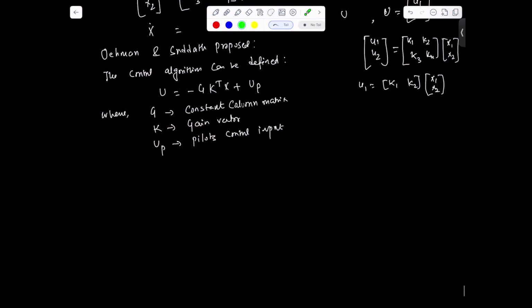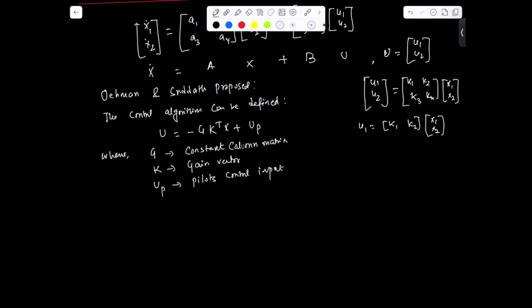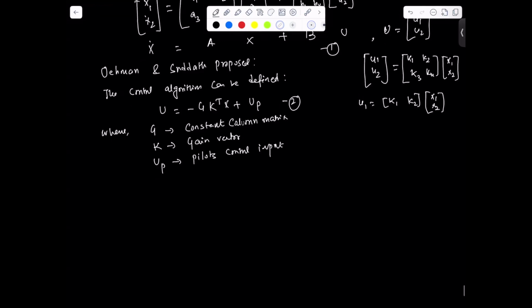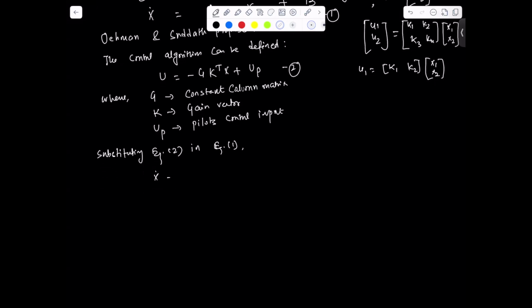Let me define this as equation 1 and this as equation 2. Substituting equation 2 in equation 1, we have x dot equal to Ax plus B into minus G K transpose x plus up.